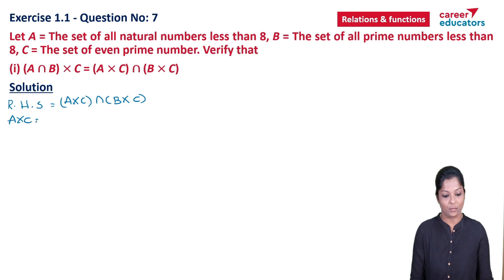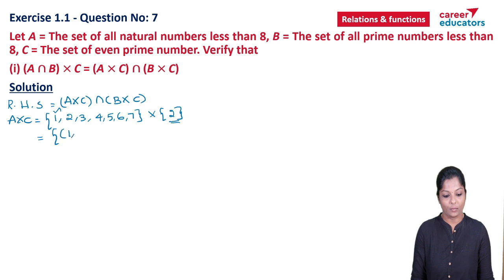A cross C. Write all the elements of A, 1, 2, 3, 4, 5, 6, 7, cross. Write all the elements of C. To find A cross C, we have to pair each element of A with elements of C. First, we have to take the first element of A and pair with 2.